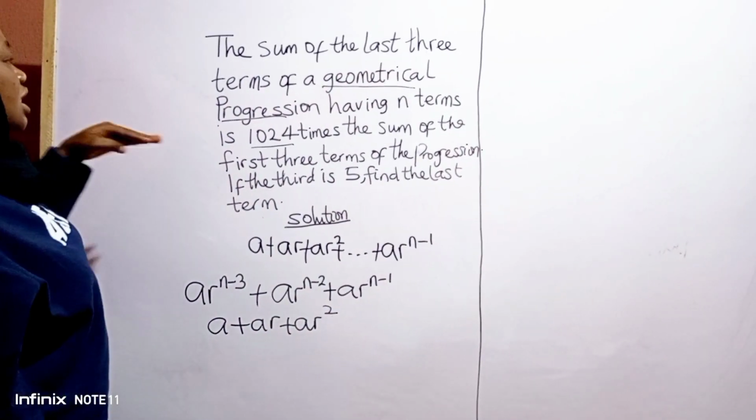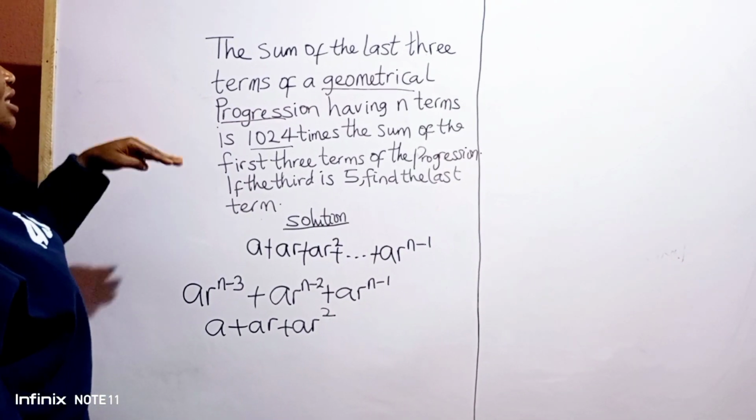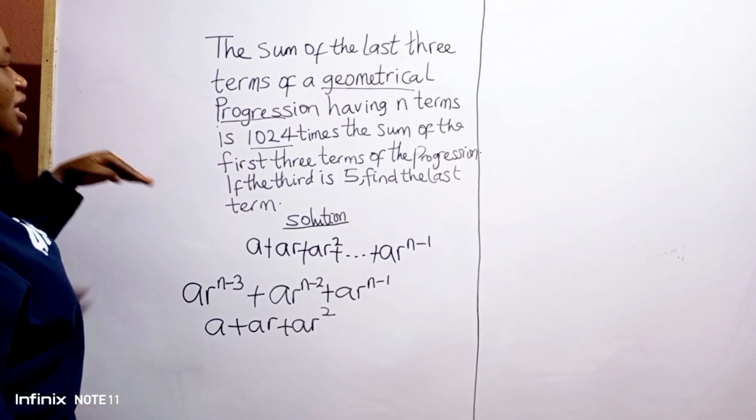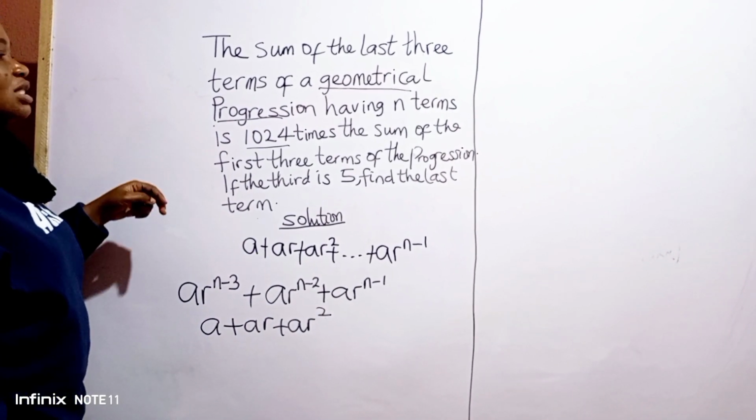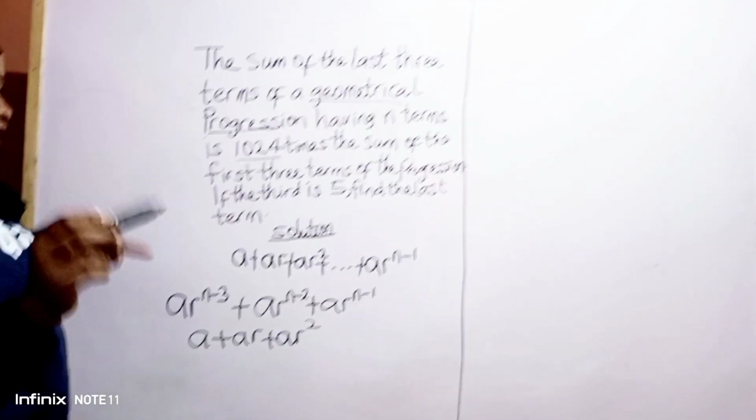So here they say that the sum of the last three terms of this GP is equal to 1024 times the sum of the first three terms.